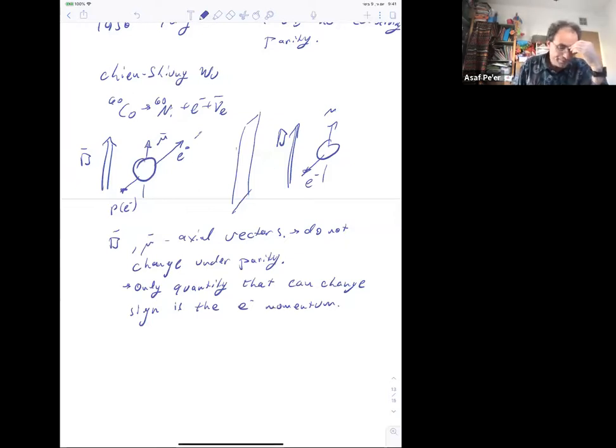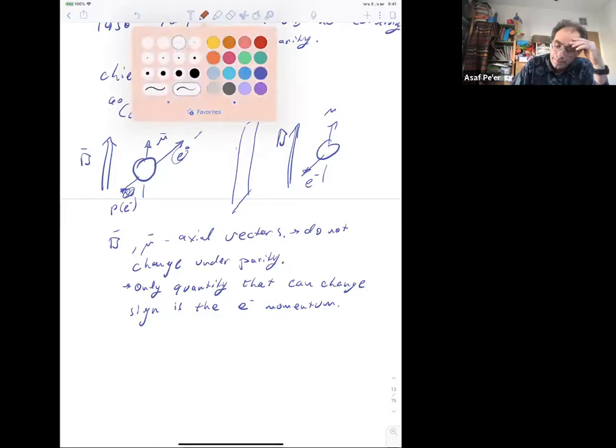So if parity was conserved, what did it mean? It means that the rate of electrons that are being emitted at a certain direction relative to the magnetic field should be identical to the rate of the electrons at the opposite direction, right?